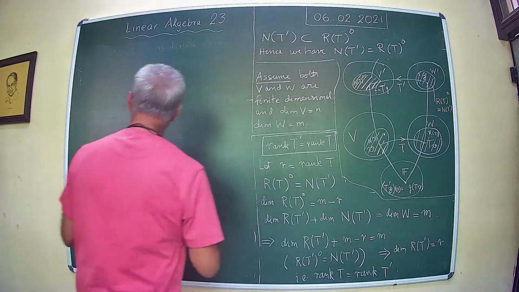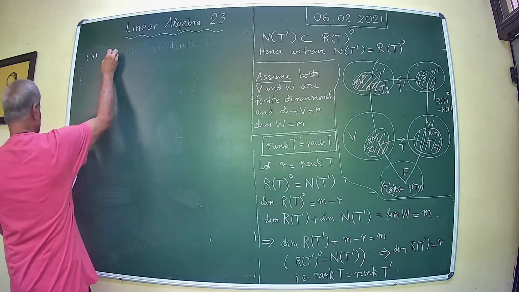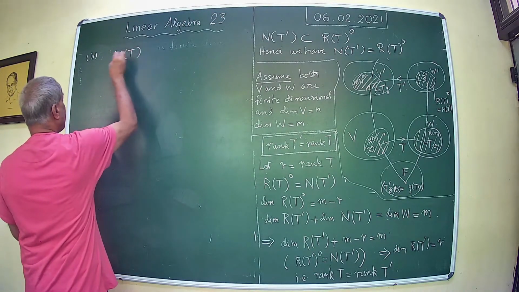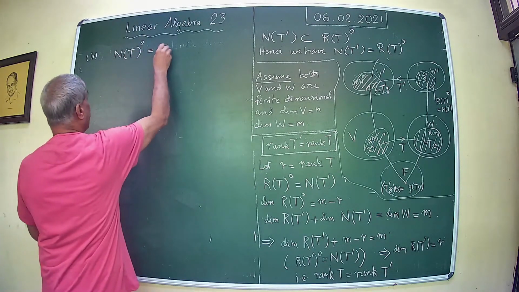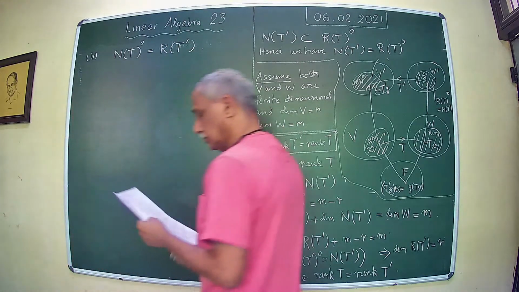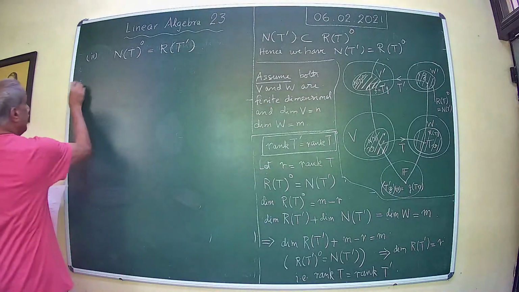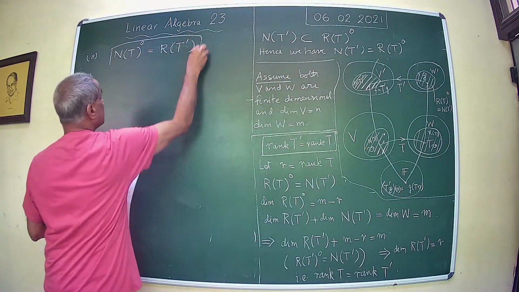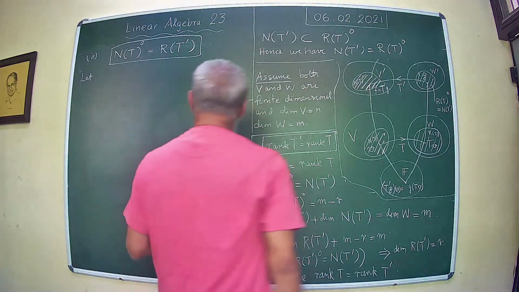The next statement is that the annihilator of the null space of T is equal to the range of T prime. Let us prove this. So we start with an F belonging to, this is the statement that we wanted to, I have put it in the box.